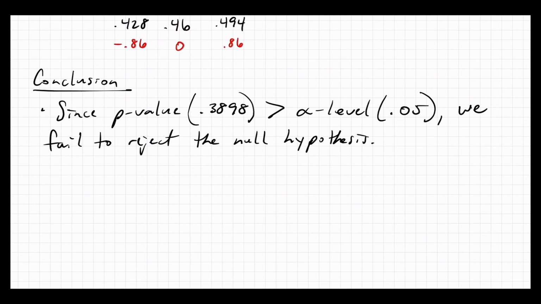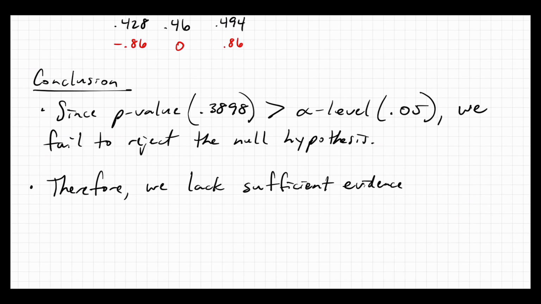Okay? So since we fail to reject, we say therefore we lack sufficient, significant, enough, any of those terms, evidence to show or to suggest that, and then this is where we put the alternative in words.